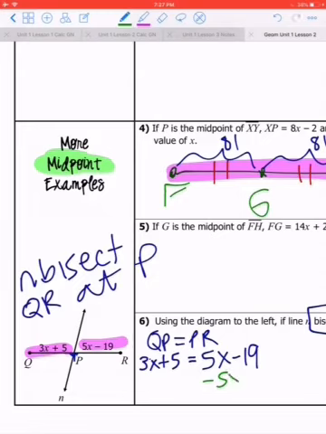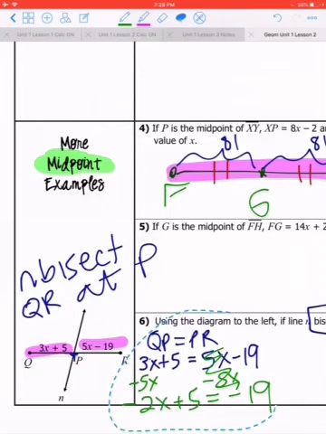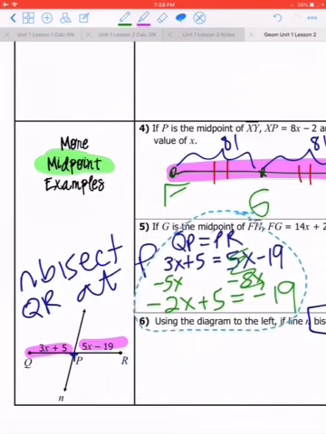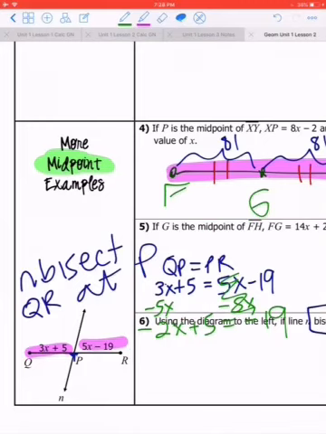Actually, you know what? I'm going to do this this way. I just naturally went to subtract 5x. And I didn't choose the bigger coefficient side to move the x's, so just so you can see what happens. If I do that, or if you do that, we should get negative 2x plus 5 equals negative 19, okay? And you can see that you are going to have to divide by a negative at the end.